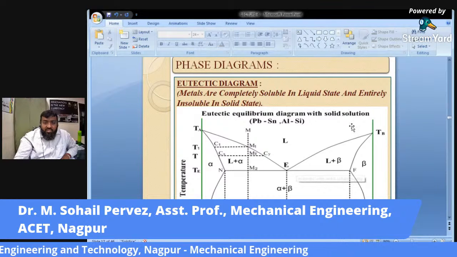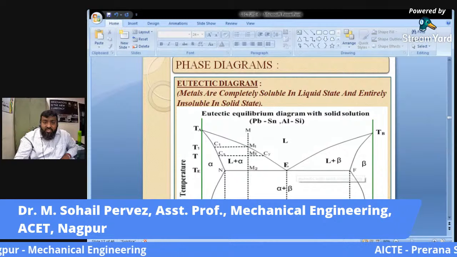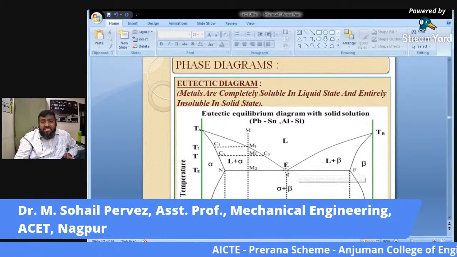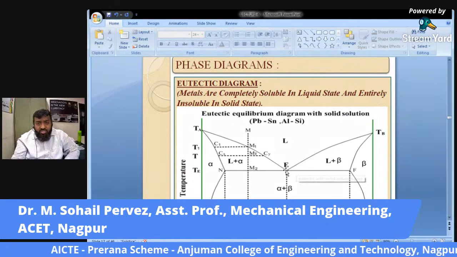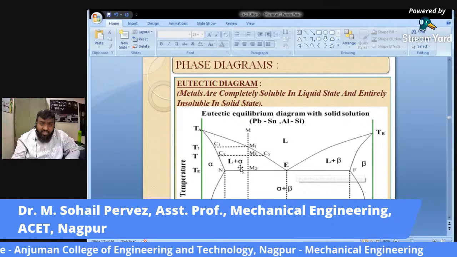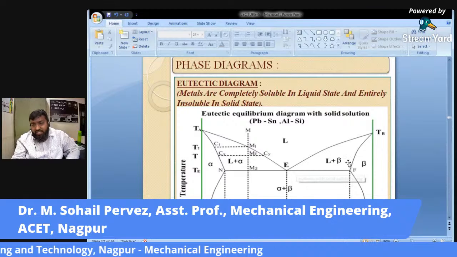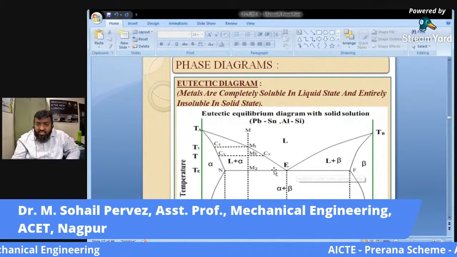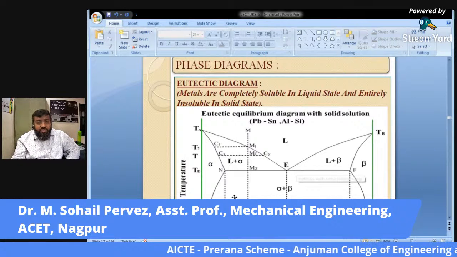Now, first we'll have to understand this particular phase diagram for eutectic, and I hope and expect you got the eutectic point. So this E is a eutectic point. The transformation will be from liquid to liquid plus alpha for element A, liquid plus beta for element B, and below this eutectic line, the element would be all solids.